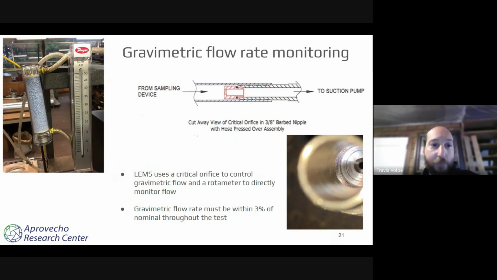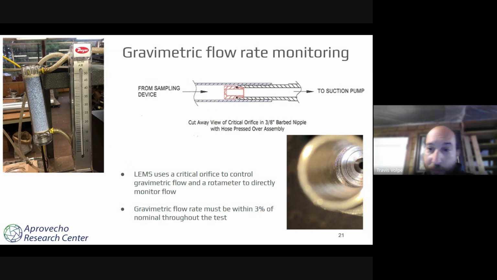Throughout the test, we are monitoring the gravimetric flow rate, which needs to be maintained at a certain rate throughout the entire test. There's a small cutaway of the critical orifice that I mentioned earlier, which is essentially a small metal pipe fitting with a precision hole drilled through it that allows for a very specific flow rate to be maintained.